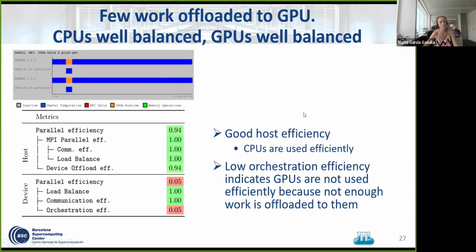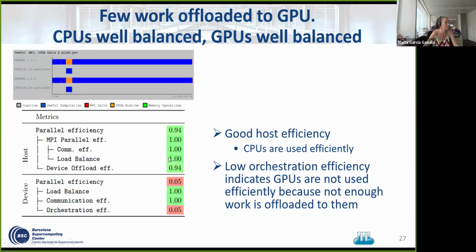The second use case is the other way around. We have little work offloaded to the GPU. This is an application that is not so well ported to GPUs. Still, the CPUs are well balanced and the GPUs are also well balanced between them. This is the trace of this execution, and for the metrics we obtain, the host metrics are high.